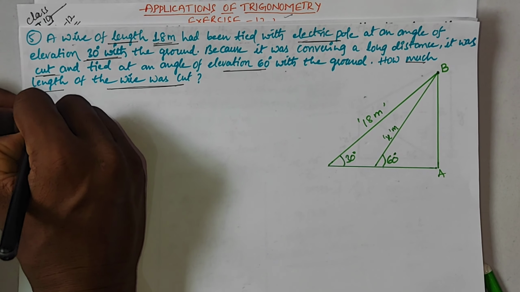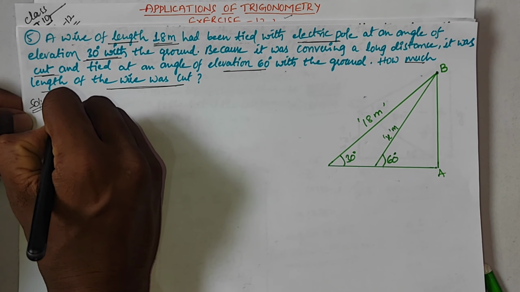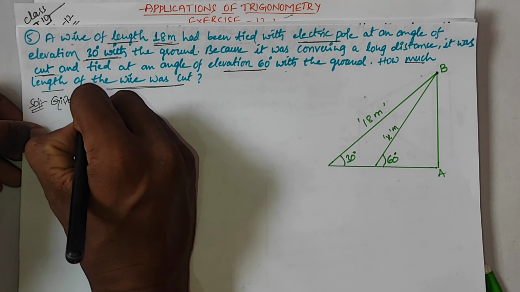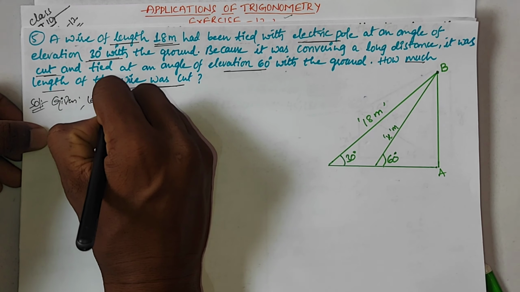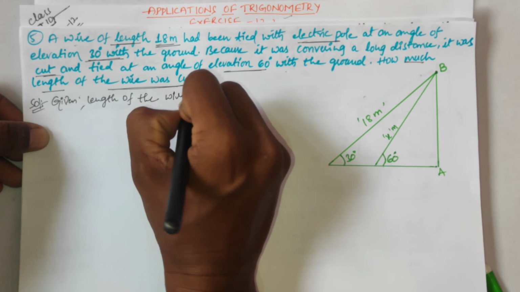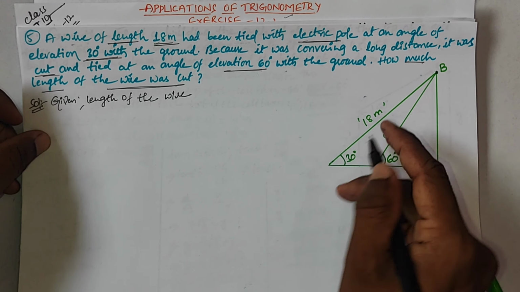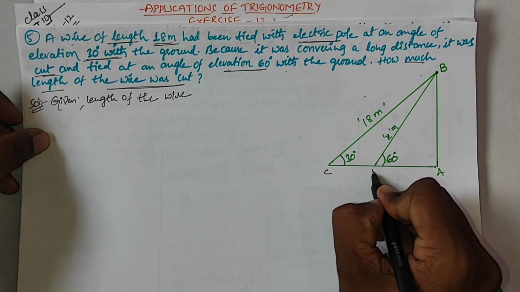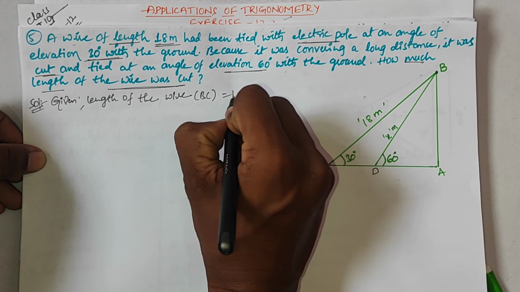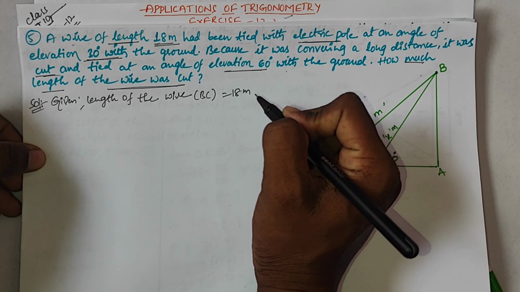Solution. Given, what have they given? Length of the wire is given, right? Length of the wire, what is there here? So considering AB, this is C and this is D. Then BC is equal to how much? Given 18 meters.